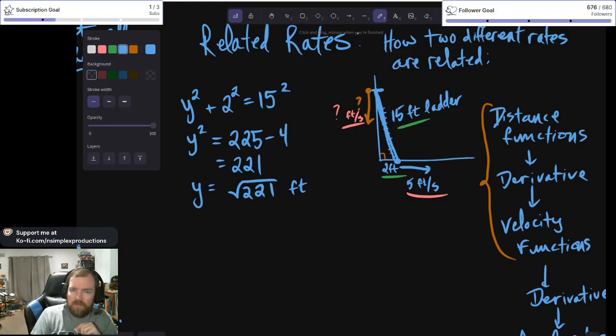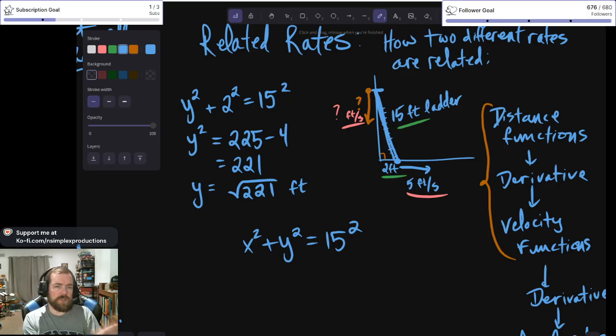So overall, the function that we have here, which, yeah, it's a function. It just doesn't look like one when you start, is going to be that x squared plus y squared equals 15 squared.